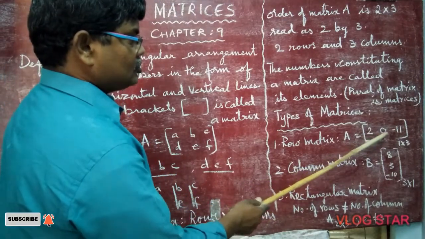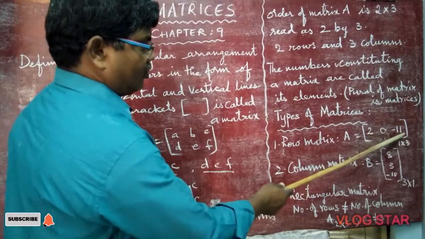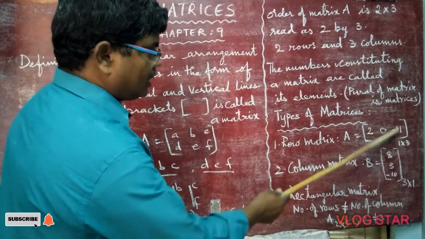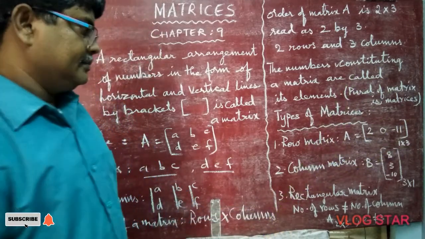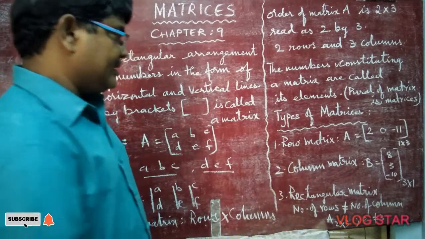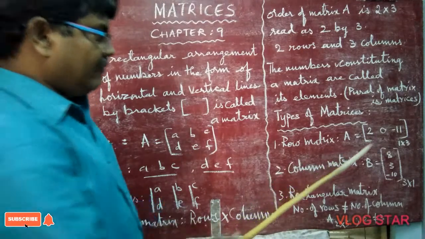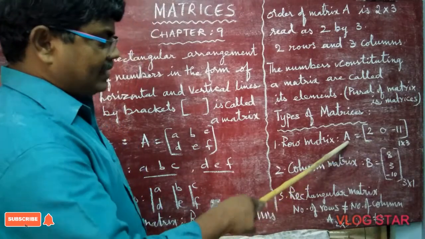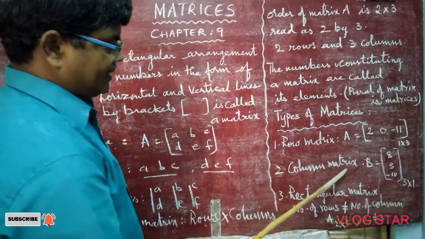Here 2, 0, minus 11. Order of the matrix: 1 row, 3 columns. So what is the order of the matrix? 1 by 3. I am teaching you the type of matrix and also the order of the matrix. We represent a matrix with a capital letter. Second type, column matrix.